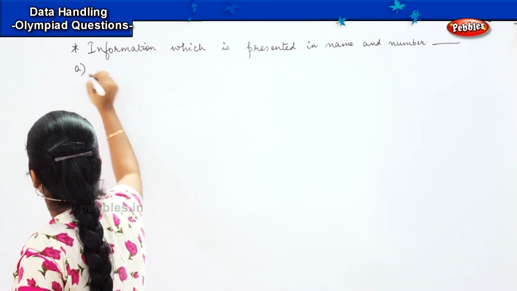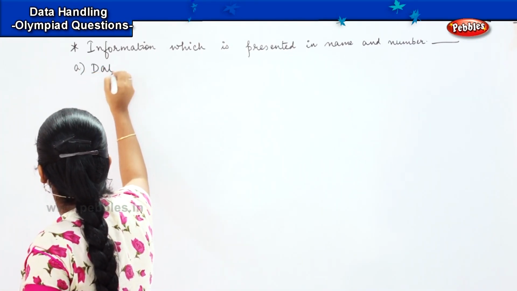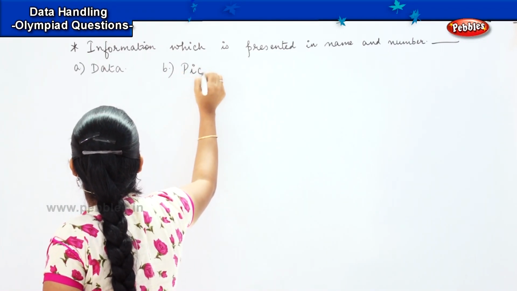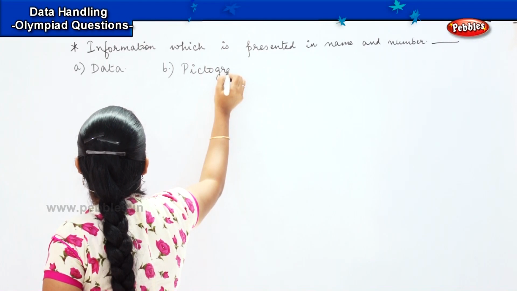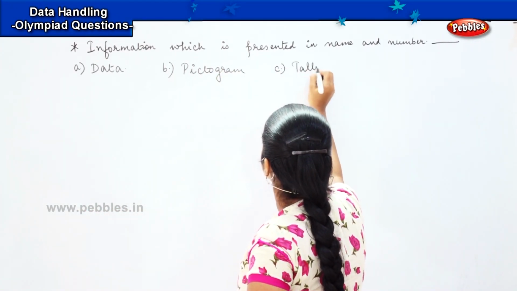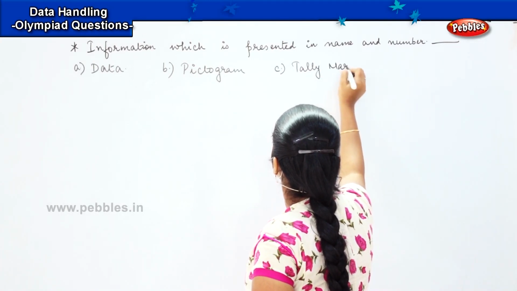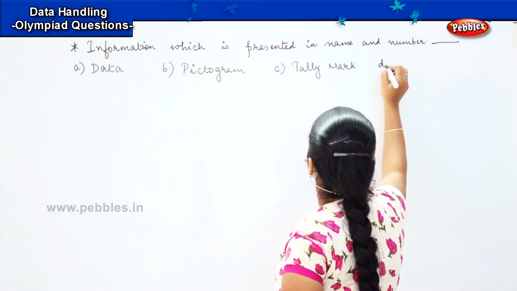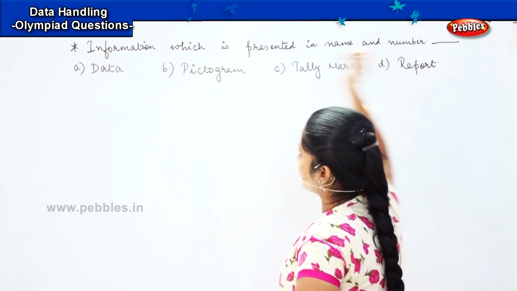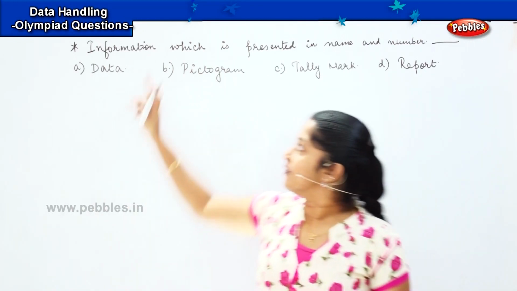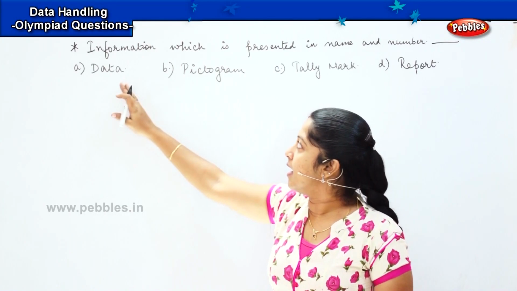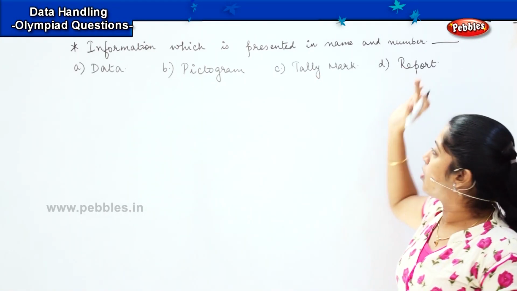Your options are A, data, B, pictogram, C, tally mark, and the last option is report. Okay. So what is the information which is presented in name and number called? Is it data, pictogram, tally mark, or report?